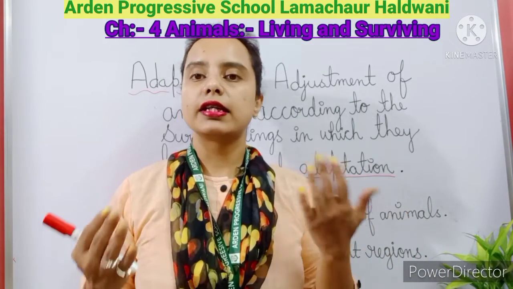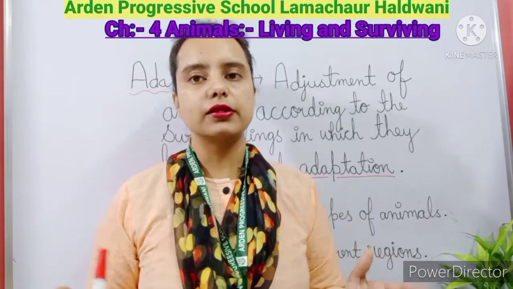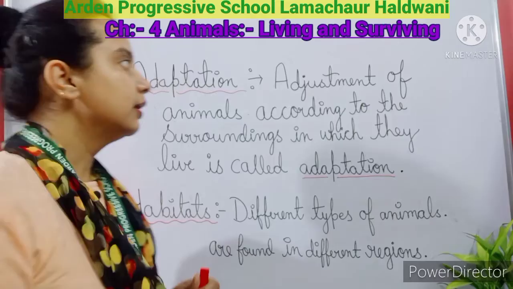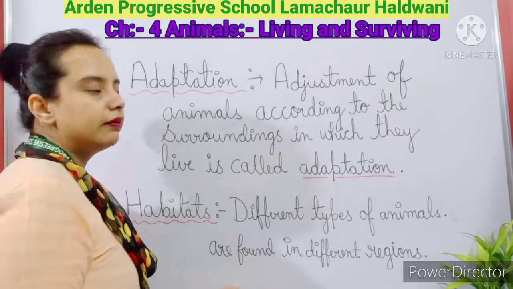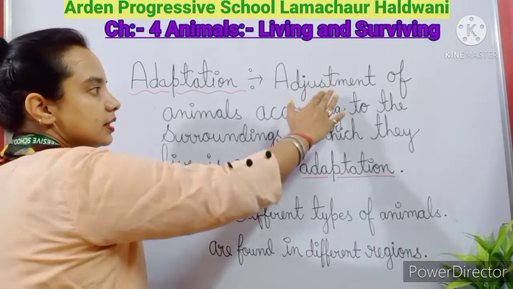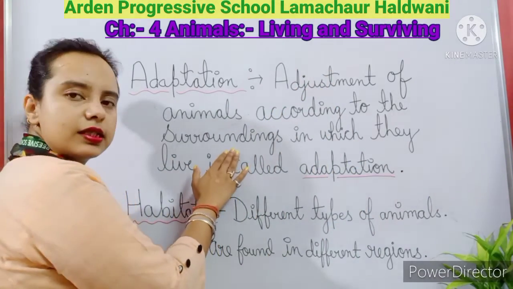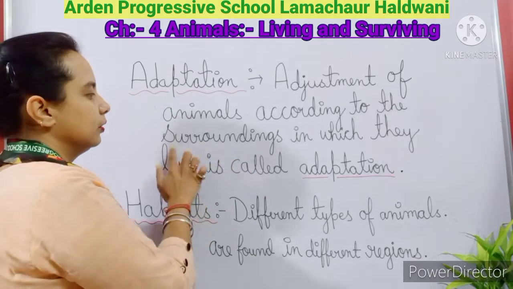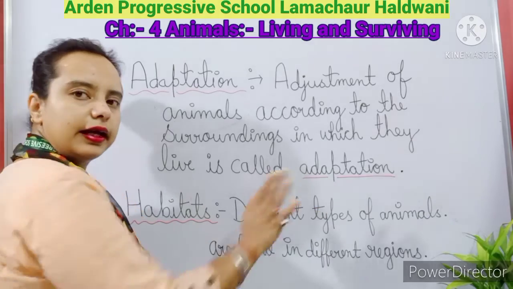They have accepted all the things that are available in their surroundings. That is known as adaptation. Simply we can say, it is just an adjustment according to the surroundings in which they live.